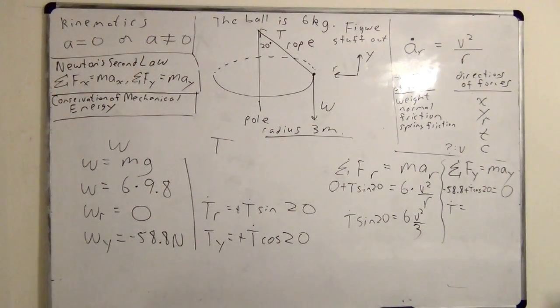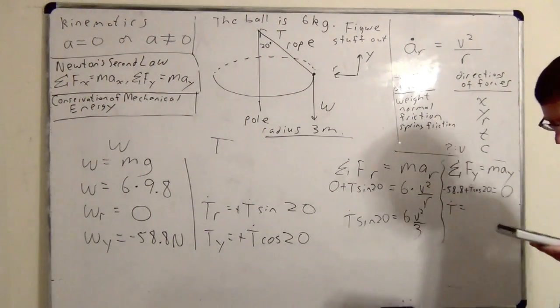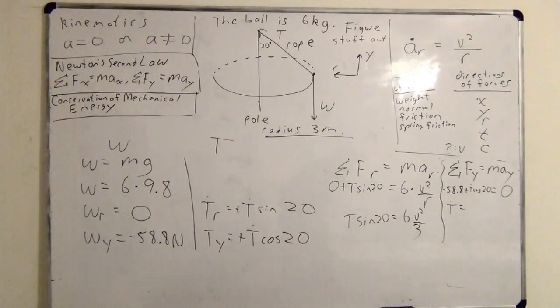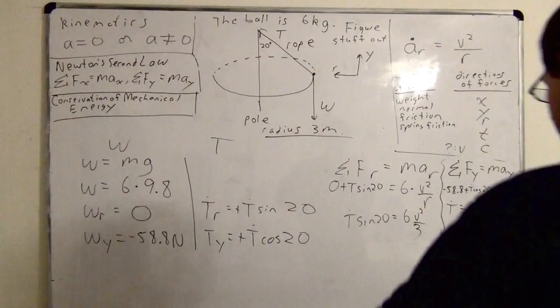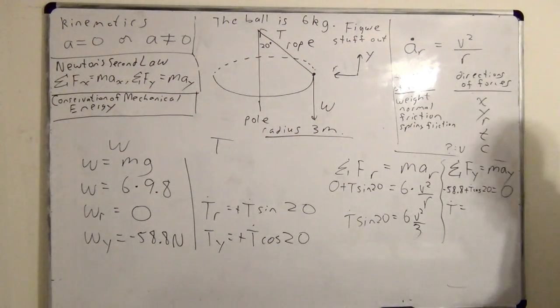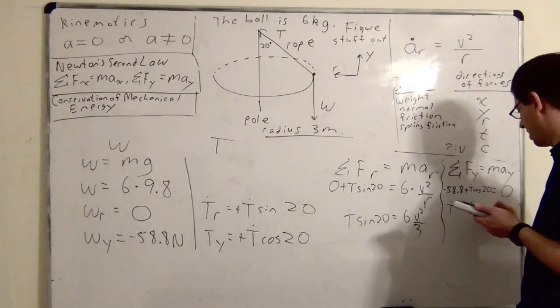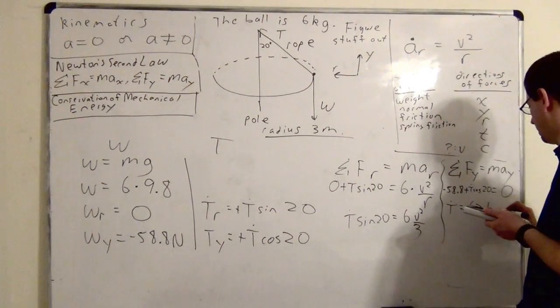What did you get? 63.2 newtons. I got 62.6. There's my calculation. Okay, you just rounded differently. What was your answer again? 62.6. Okay, yeah, so depending on how we round, it might be 62.6, and the units are newtons.